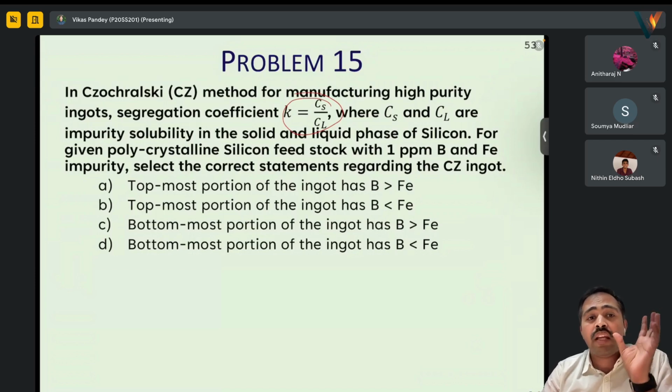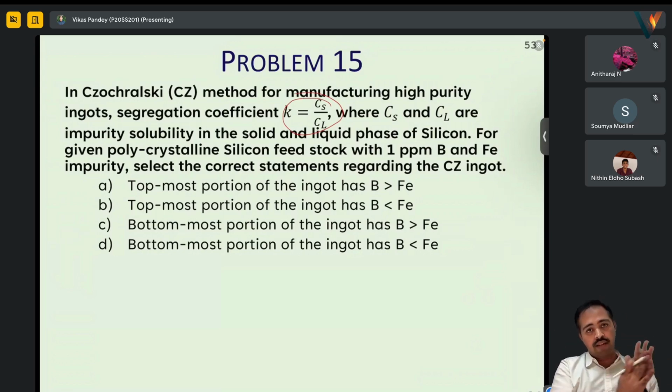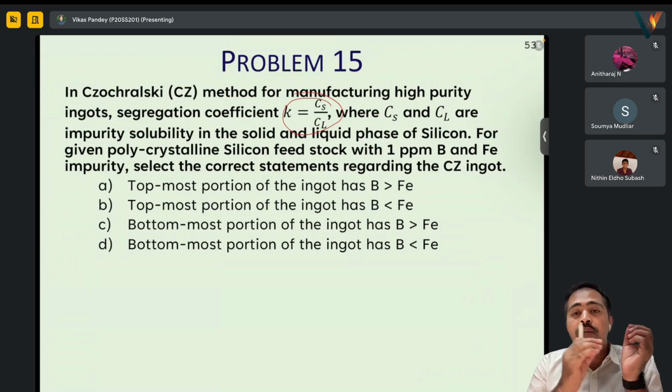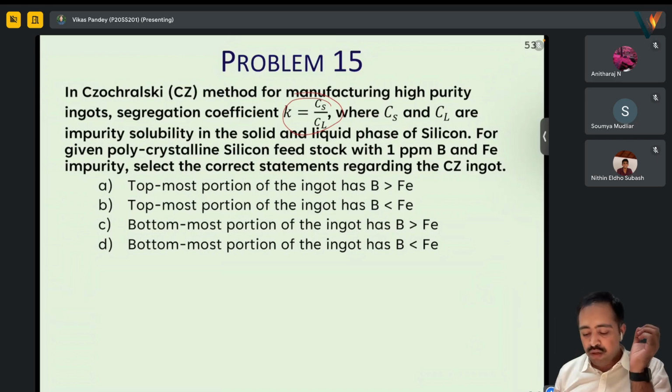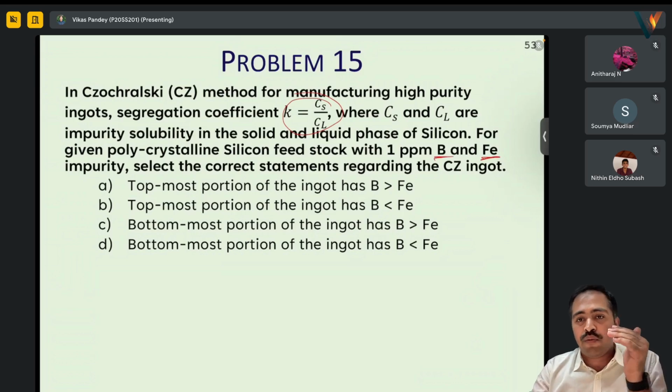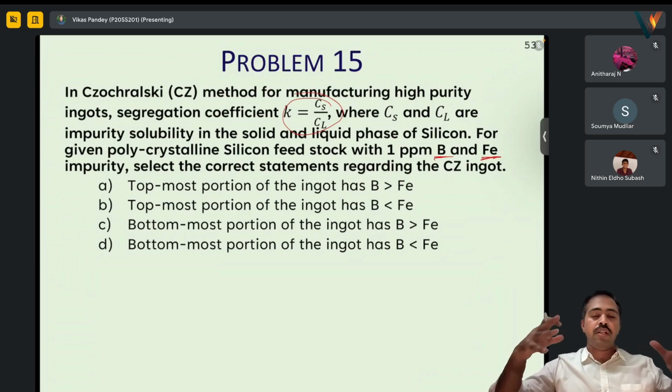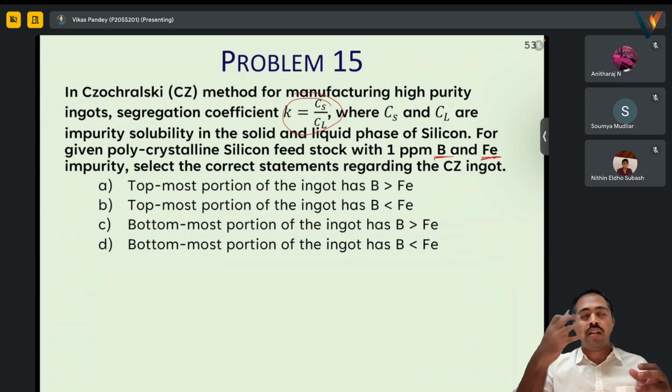For a given polycrystalline silicon feedstock, that means the starting material, with 1 ppm of boron and iron impurity. So we have boron and iron both. Select the correct statement regarding the CZ ingot. So from this stock we melted it and created the ingot.